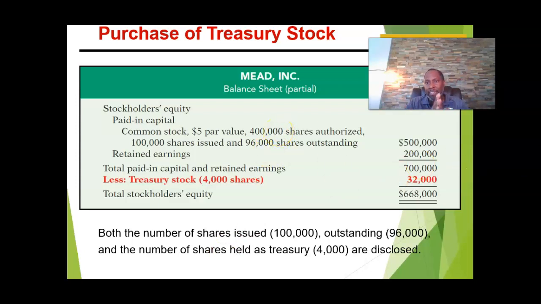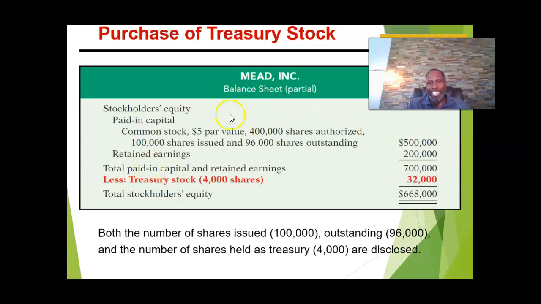That means the state decides that they can sell up to 400,000 shares of stock. Now, issued means 100,000 shares of stock had been sold to the actual stockholders. All right? But we then bought back 4,000 shares of our own stock.